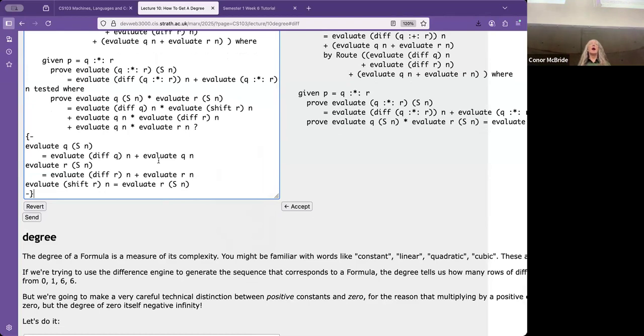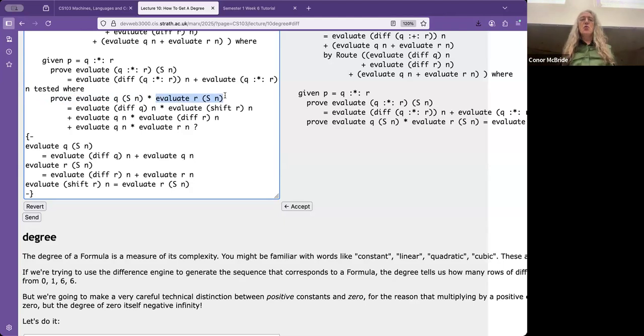And I can see, in particular, the third of these equations tells me that I can turn that thing into a shift if I want to.